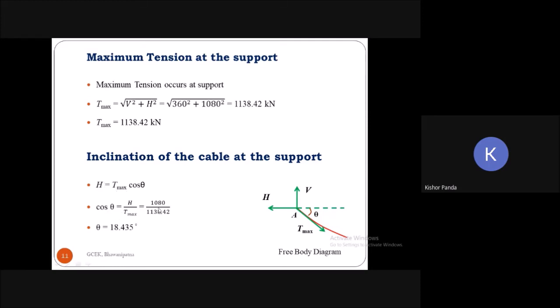Then cos theta is equal to 1080 divided by 1138.42. Then you can find out the angle of the cable with the horizontal. So theta is equal to 18.435 degree. This is the inclination of the cable at the support.